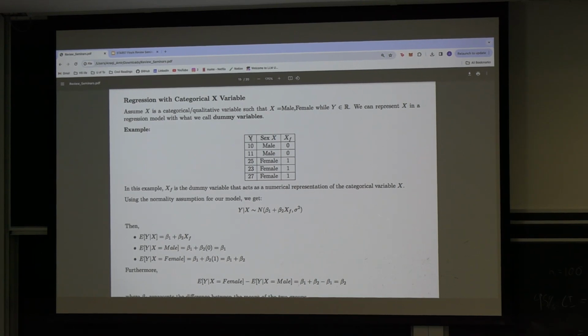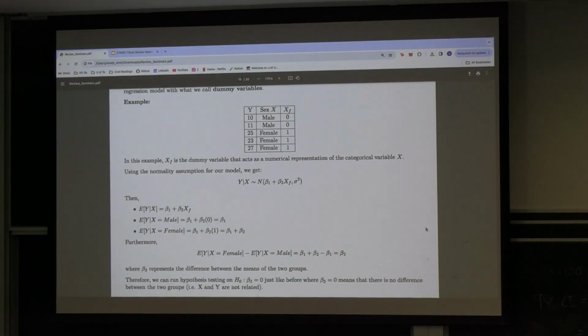And what this means is that if you look at the table here, each row is an observation, a person, and they could either be male or female in this case. You can create this dummy variable xf, and then if they're male, you just put 0 because they're not female, and then if they're female, you put 1. So 1 is yes, 0 is no.